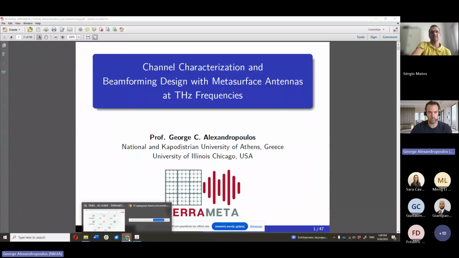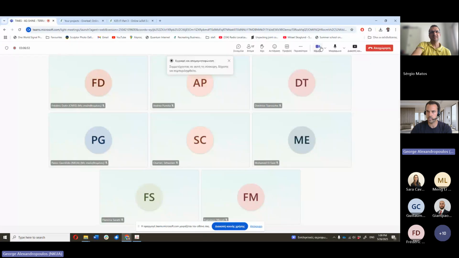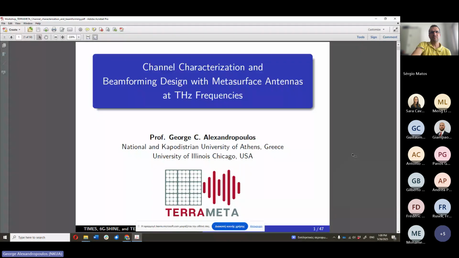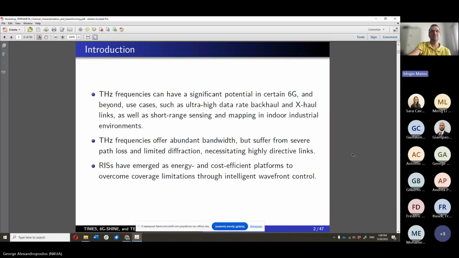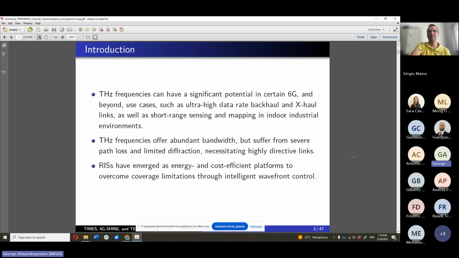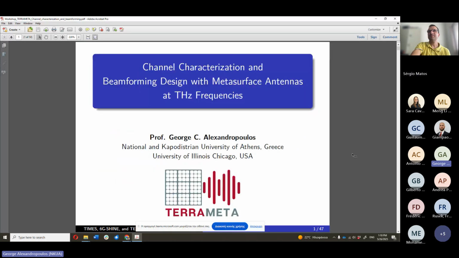Tell me if you see my screen. Of course, not my desktop, but you need to see the master slides. Can you see them? Yeah, we can see. The sound is not the perfect sound, but you have a strong voice, so probably we'll manage. Yeah, I will do my best to speak loud. So you see that I'm changing the slides, right? Everything can be seen. Okay.